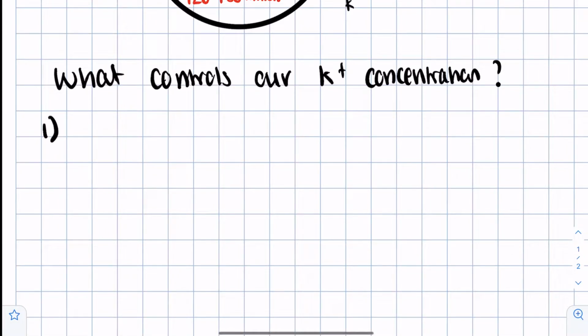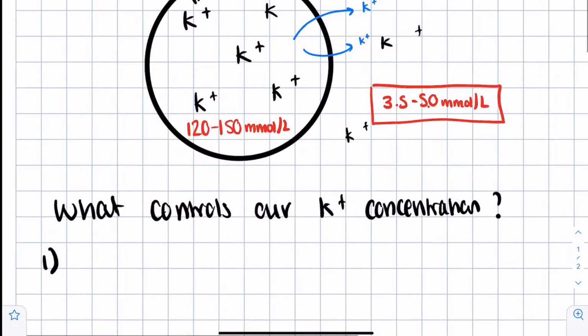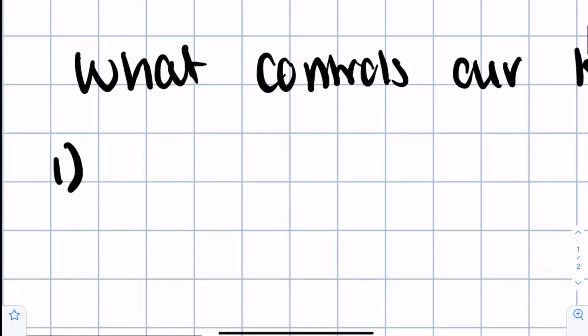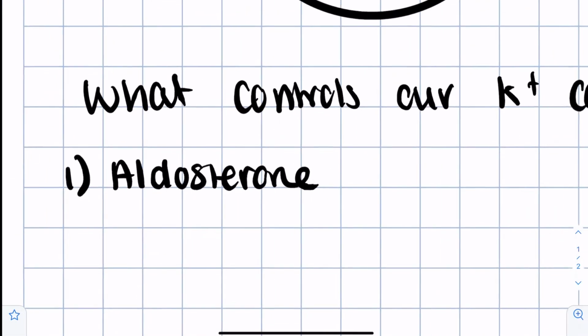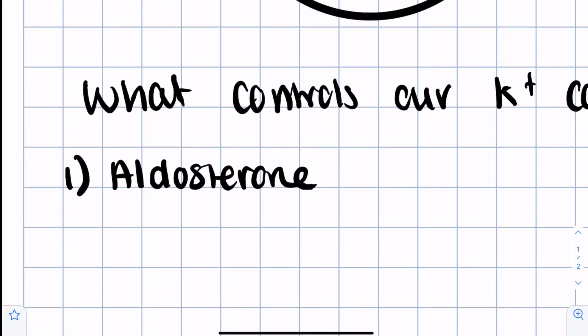So one thing that controls the amount of potassium and where it goes, whether it goes intracellularly or extracellularly, is aldosterone. So aldosterone is a hormone that influences where potassium goes.